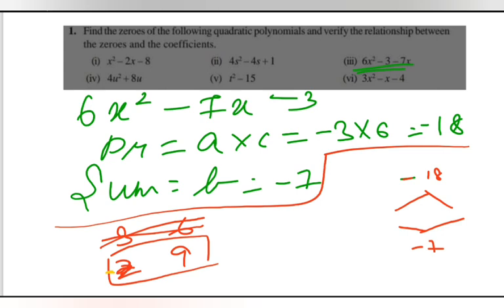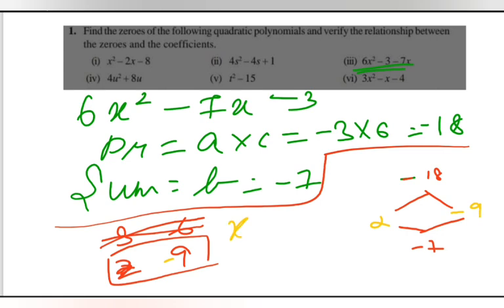So I can't put minus in the place of 2, so I'll be putting minus in place of 9. After summing that, I will be getting minus 7, and if I multiply it, I will be getting minus 18. Sorry, 2 into minus 9. So opposite sign of these assumed numbers will be your zeros.